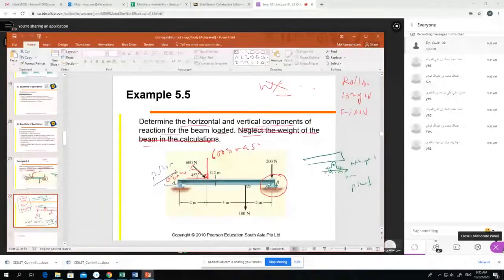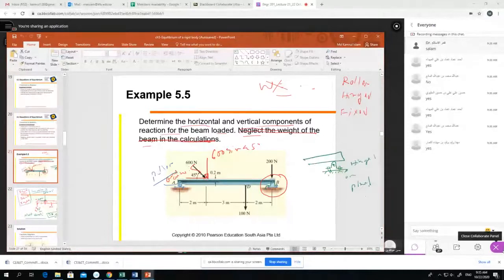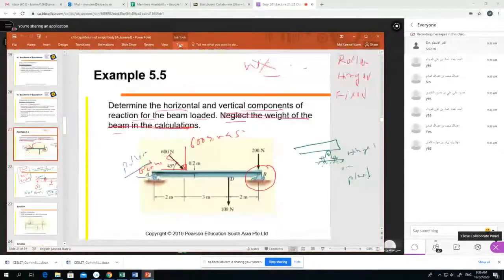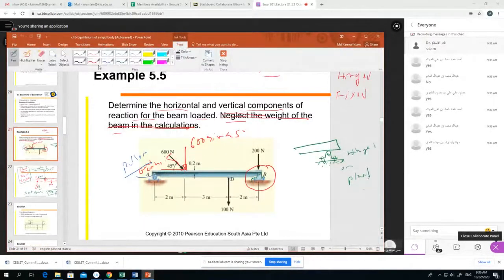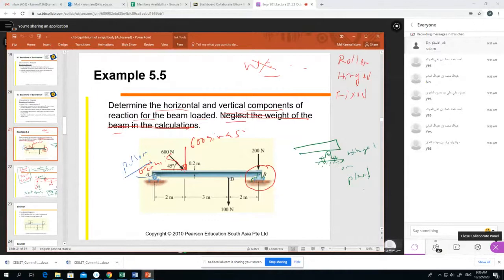Then we are doing example 5.5. There is a beam with a roller and hinge. Here, this is the hinge and this is the roller.